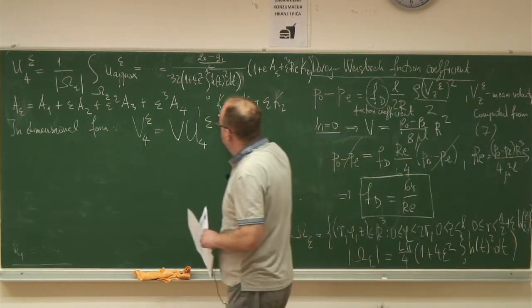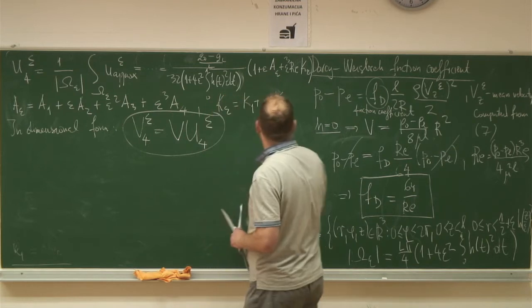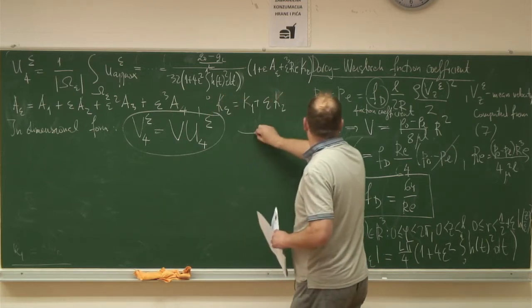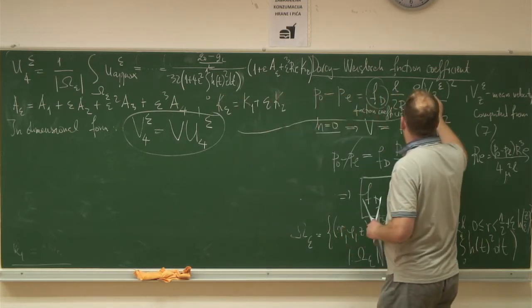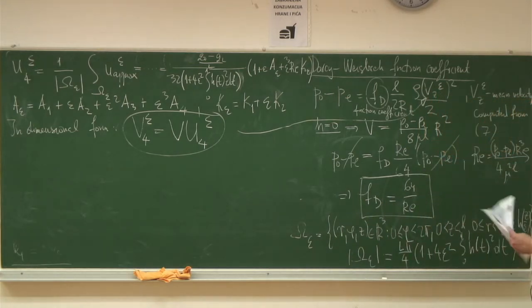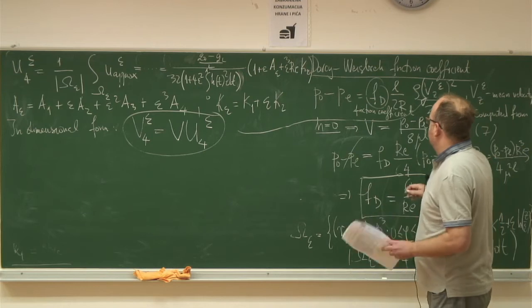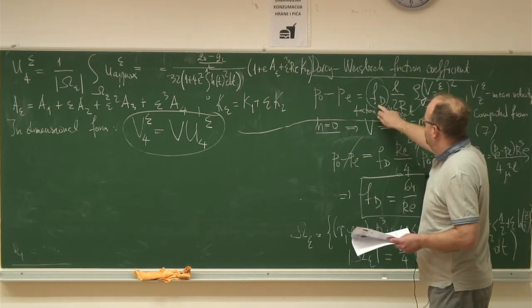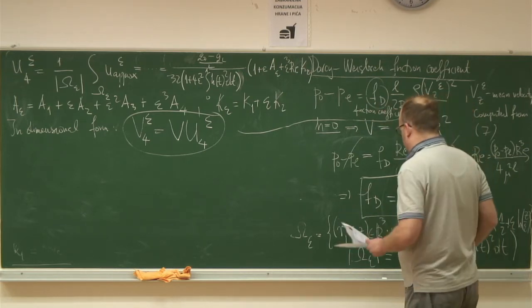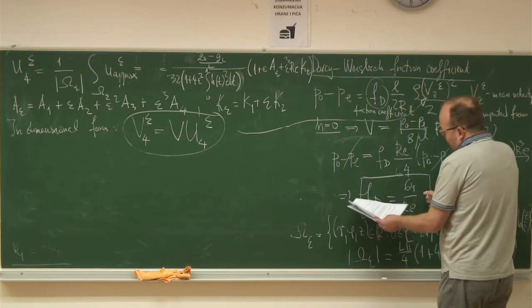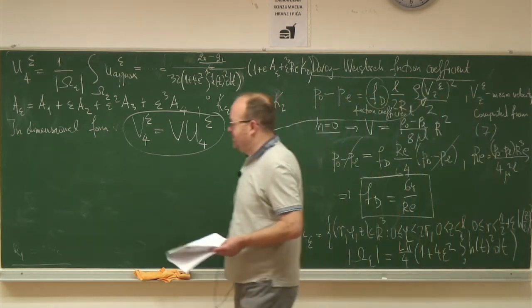And now we put this here. Okay? And after doing that, we will replace this one by capital FD, because we will here obtain a different formula for this friction coefficient.